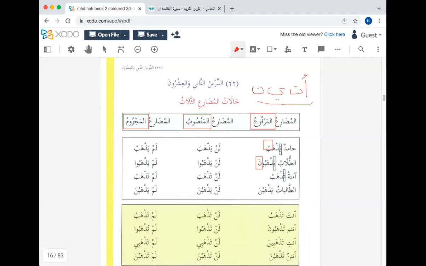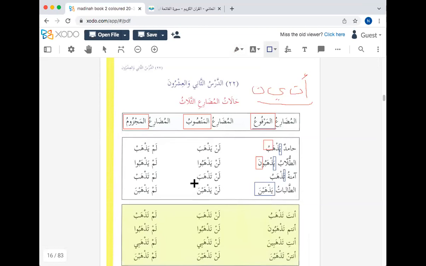Mustatir. Good try, Jazakallah khairan. The word I was looking for was mabniyun. Mabniyun. And that is for the case, for example, over here, where you have at-talibatu yadhhabna. Yadhhabna, this is in the marfu' form, because there's nothing that changed it from being marfu' to anything else.